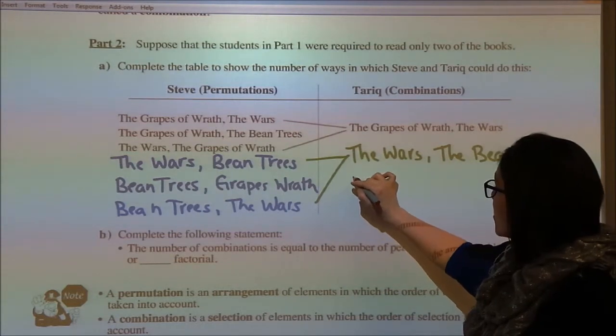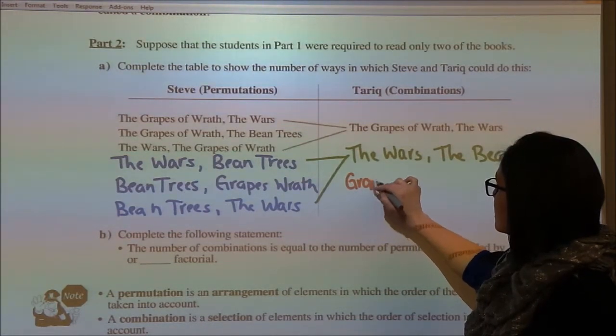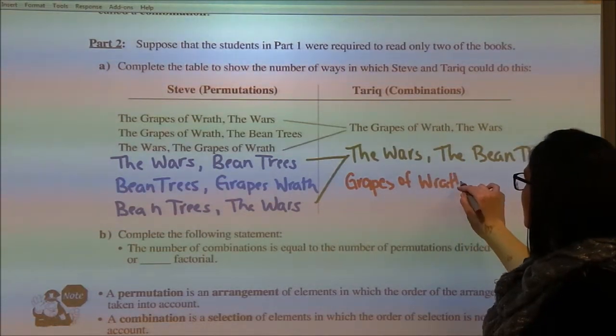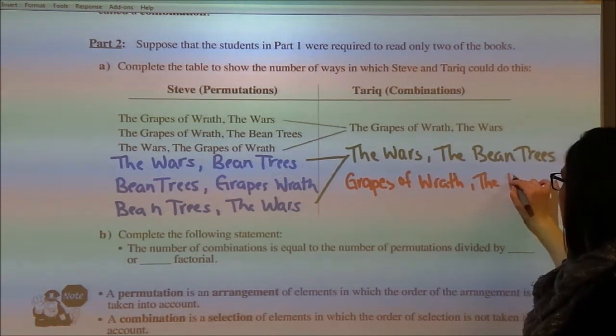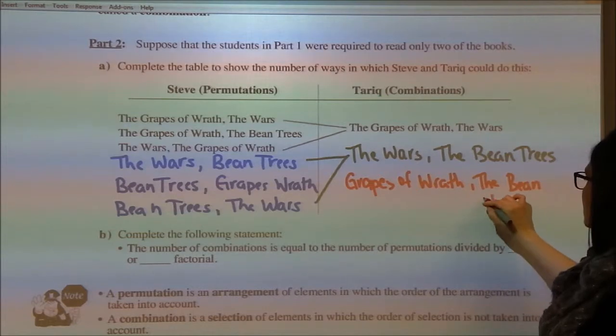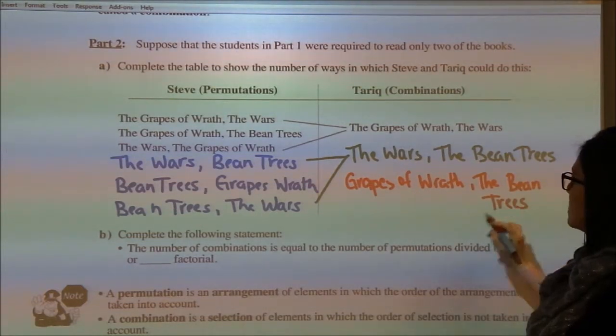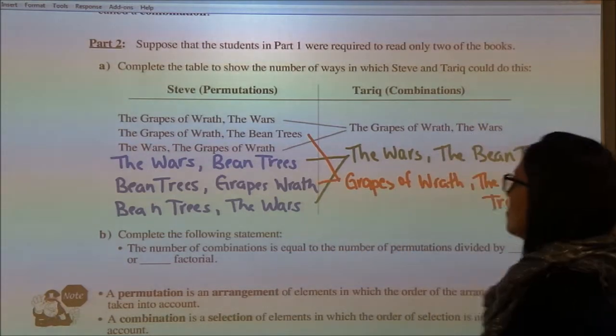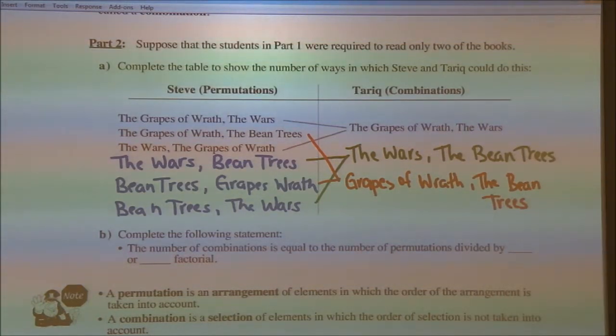Or he could take out The Grapes of Wrath and The Bean Trees, which would be those 2 orders. Because again, it doesn't matter how he takes them out, he has both of them.